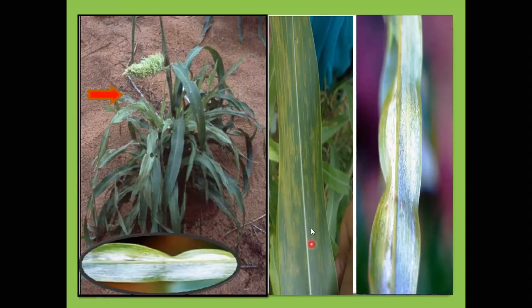So see this infected individual leaf of the bajra. There are light green patches as well as light yellow patches seen on the upper side of this infected leaf.